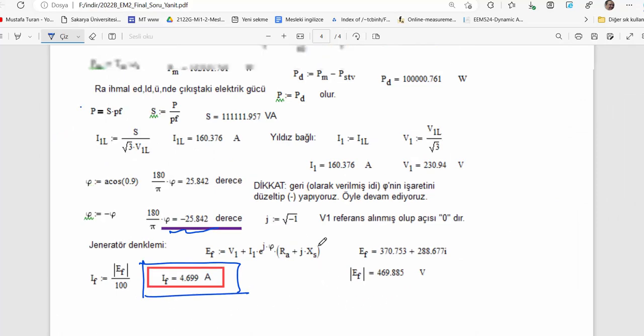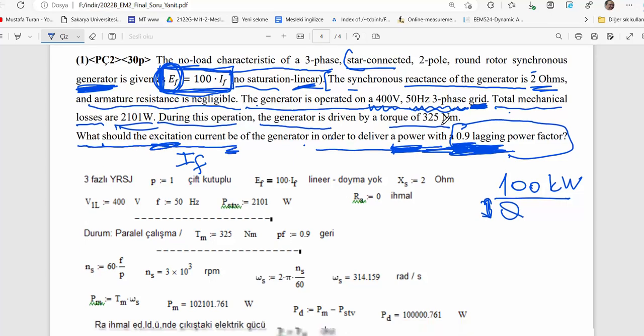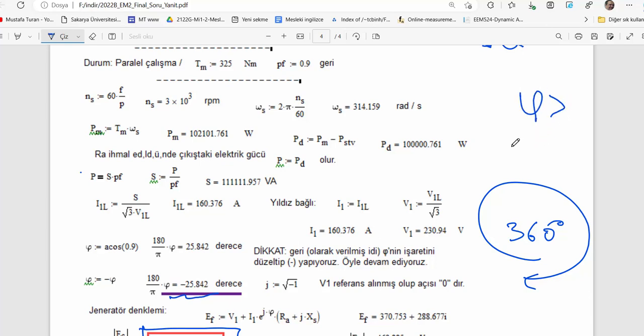We got the solution. It is easy, but you should consider everything 360 degrees. Each part of the topic must be known. You should assess the no load curve. You should evaluate phase angles, whether they must be positive or negative.